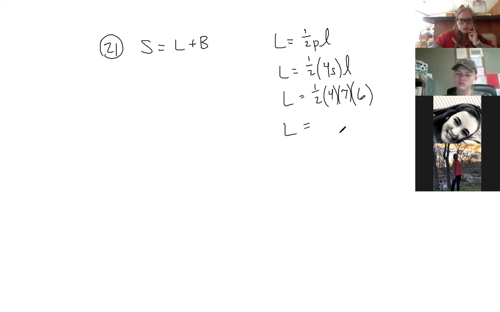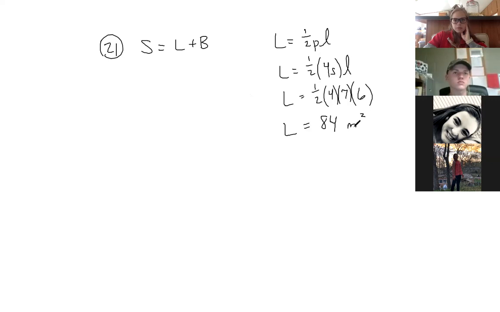What is the lateral surface area? Sorry, you broke up. Can you say that again? The lateral surface area. 84. Yes, 84, and we've got meters, so 84 square meters.